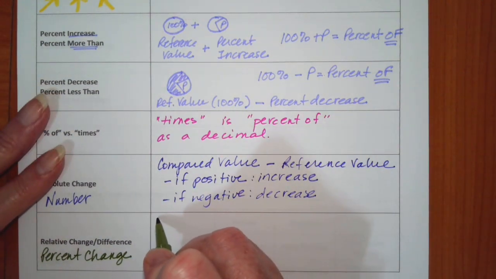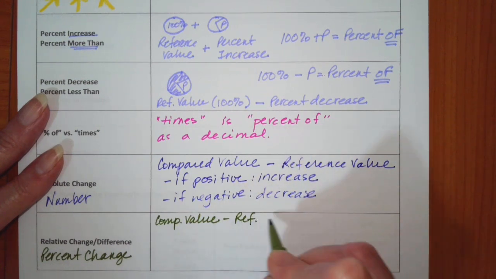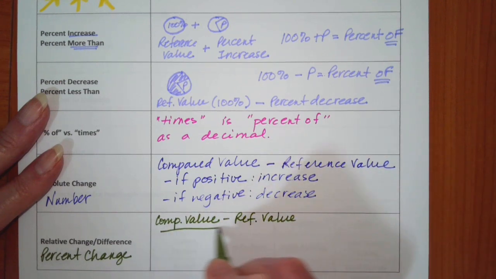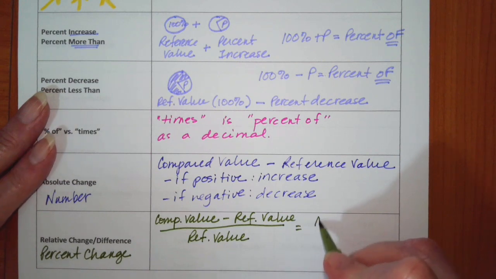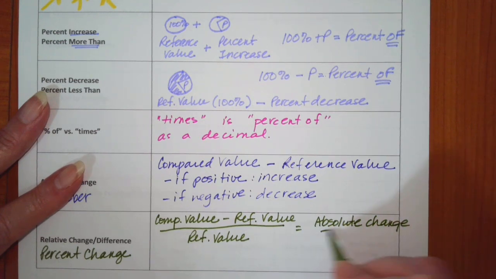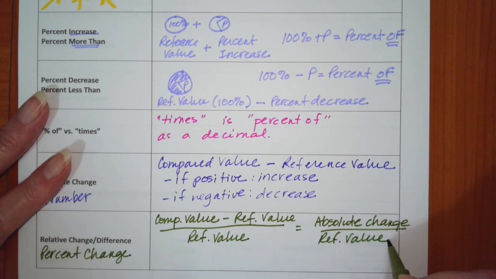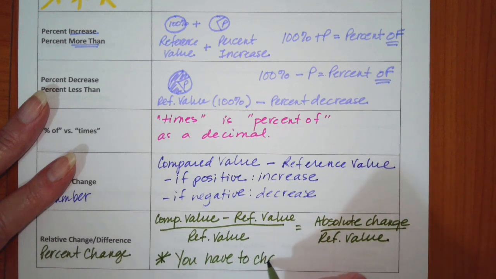It is the compared value minus the reference value divided by the reference value, which is the same thing as saying absolute change divided by reference value. Okay. But the note here is you have to change to a percent.